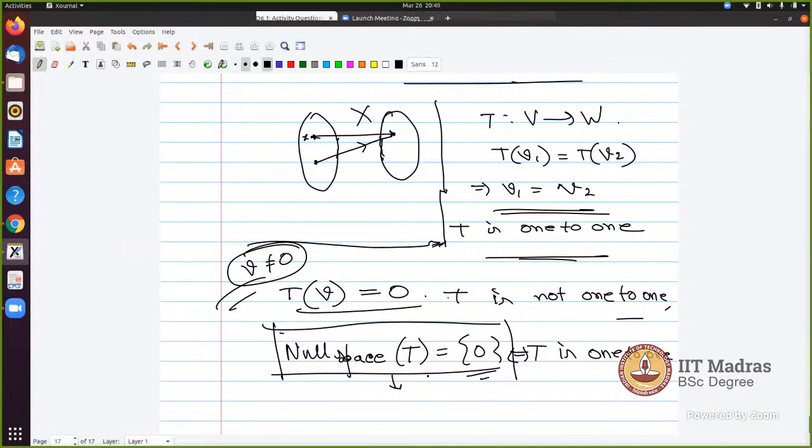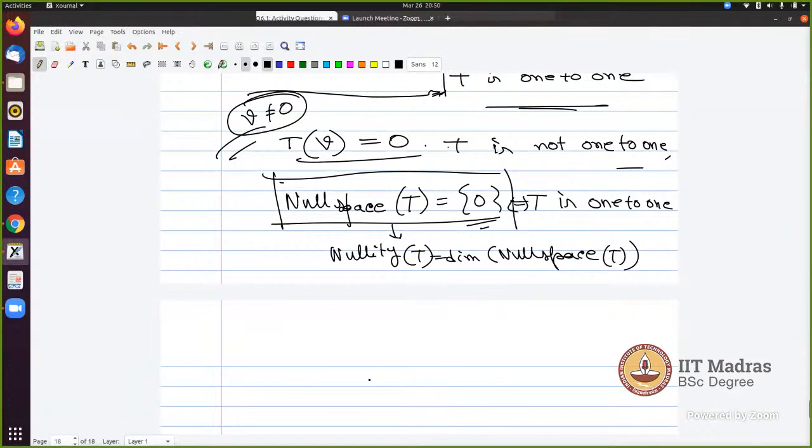Now what does null space 0 mean? The null space is a vector space, so nullity is its dimension. Nullity of a transformation is basically the dimension of the null space. Now when the null space is 0, what is its dimension?